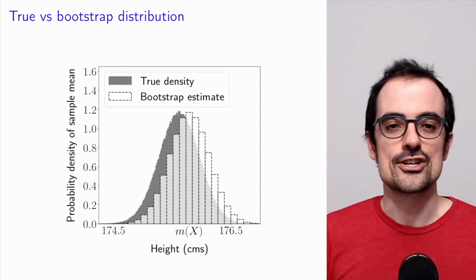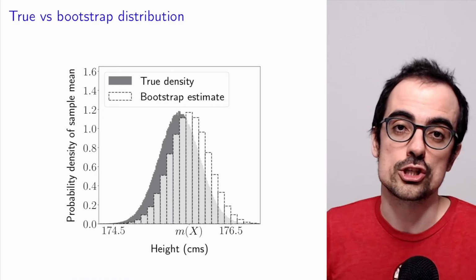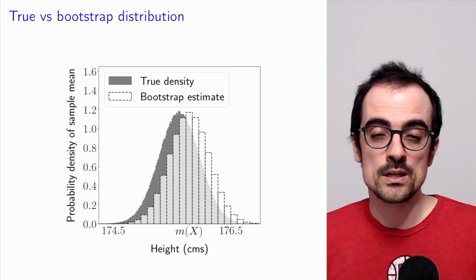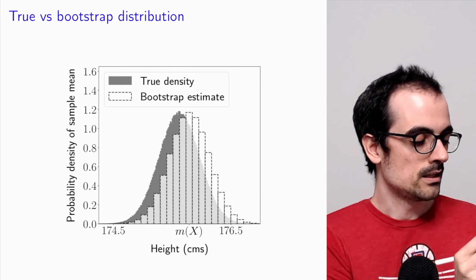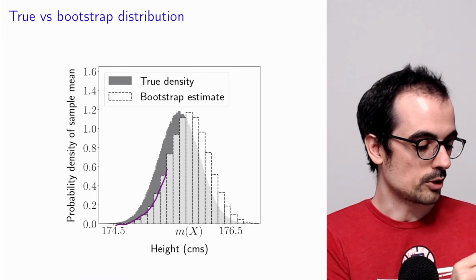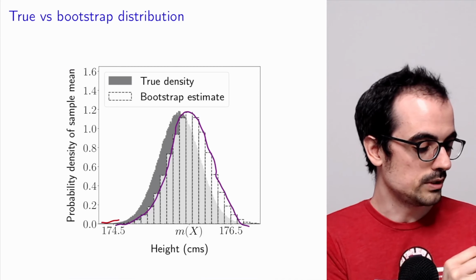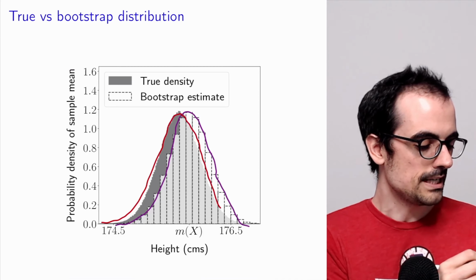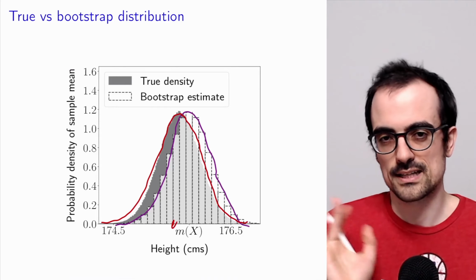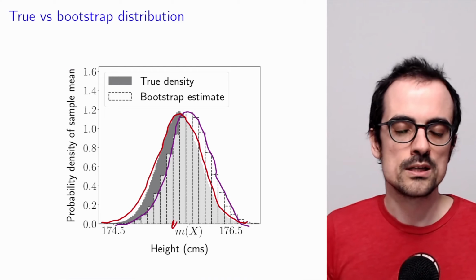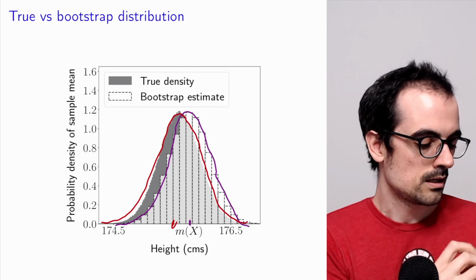In cases where things are not Gaussian, we can apply a different construction of confidence intervals based on the bootstrap, which builds on the intuition that the bootstrap distribution that we obtain from our fixed data is a shifted version of the true distribution. Meaning that if this is centered at the population mean, let's reason about the population mean and then we will talk about applying it to other population parameters.